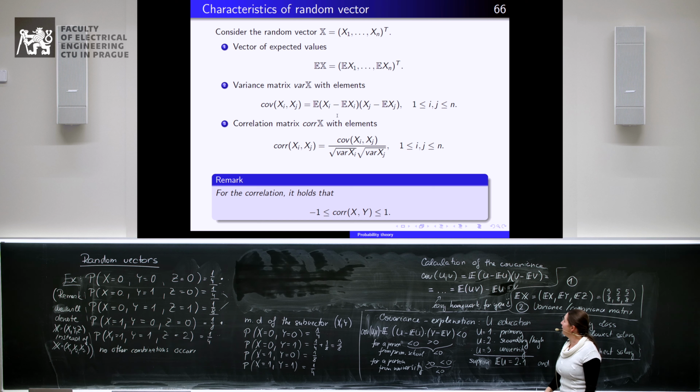You only do some operations with random variables and expected values we know about.